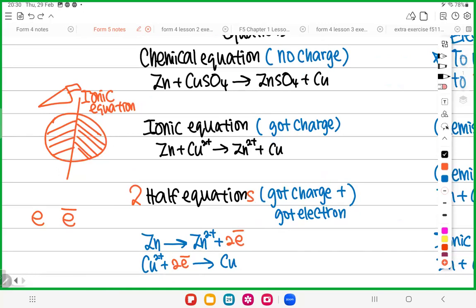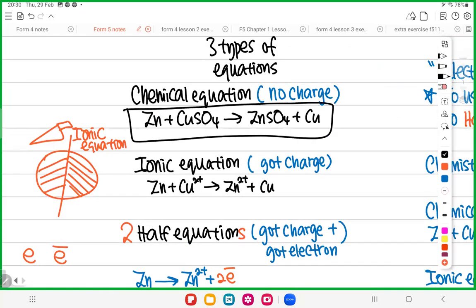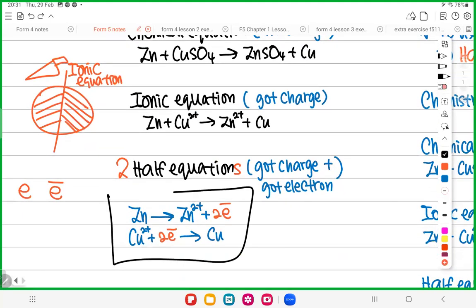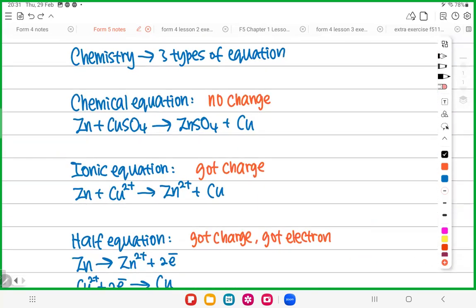I cannot give you the ionic equation and ask you to use the electron method, because I cannot see the electron at all. How would I know if I have more or fewer electrons? I don't know who donates electrons or who receives electrons. So when I have a half equation, only then can I use my electron method. As simple as that.